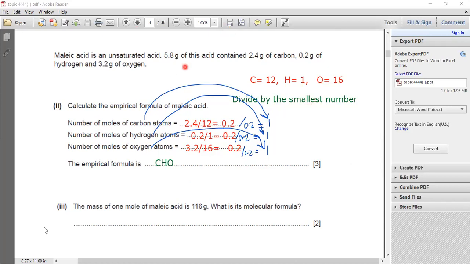Number 3. What do we do for number 3? We will divide the total molecular mass over the mass of 1 mole. Yes, look, there is a rule here. If you remember, I said it for you. N equals mass divided by empirical mass.